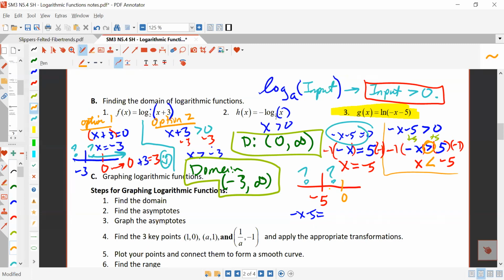So you put 0 in for this and you see what happens. Remember, negative 5 is the divider. So I get negative of 0 is 0, minus 5 equals negative 5. Oh no. That is negative quite clearly.